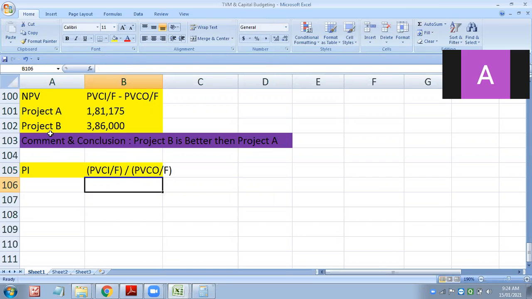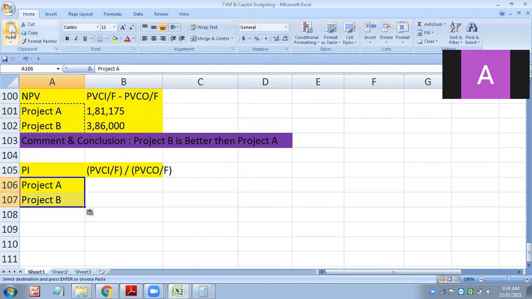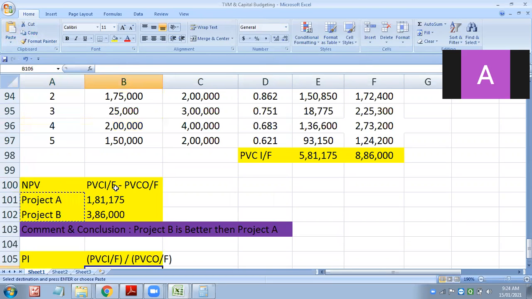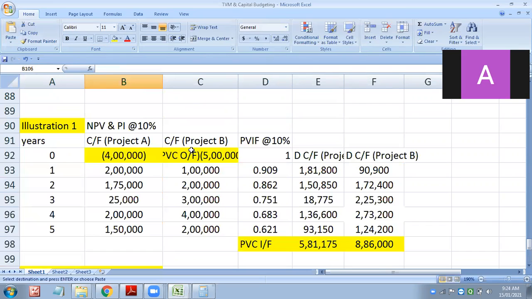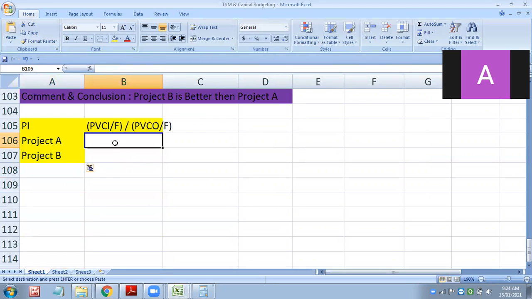Okay. So again I will go for project A and project B. Get me your answer. Just divide 5 lakh 81,175 divide by 4 lakh. How much you are getting? 1.45.